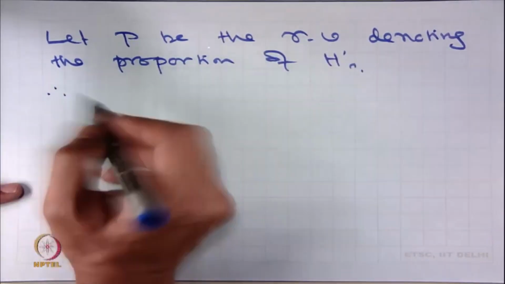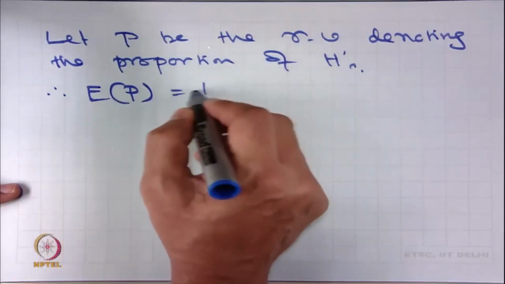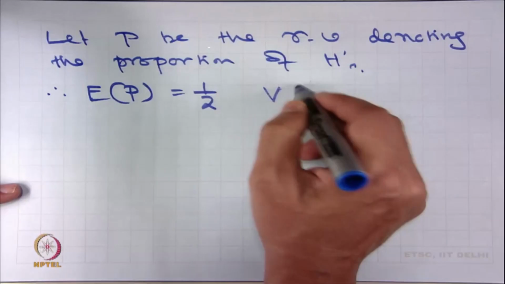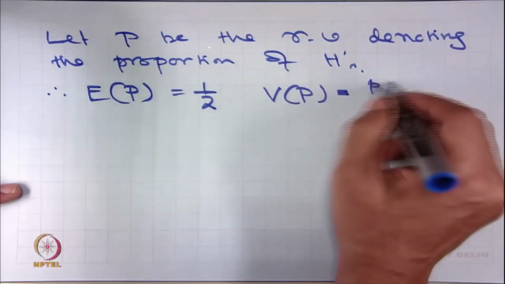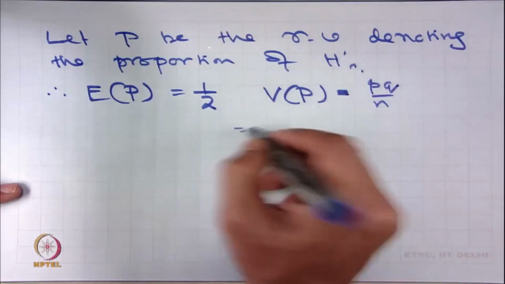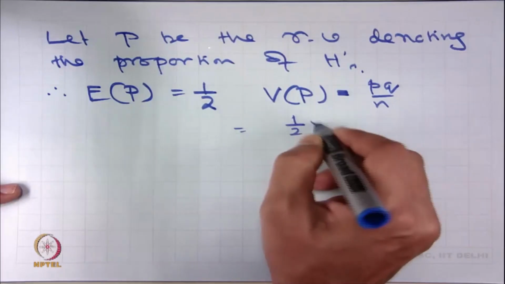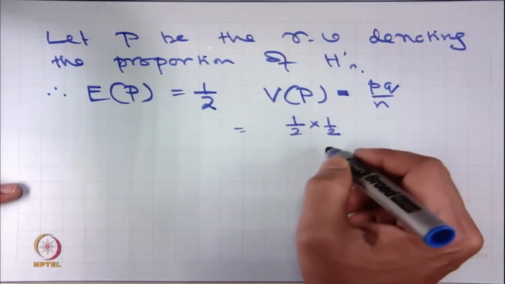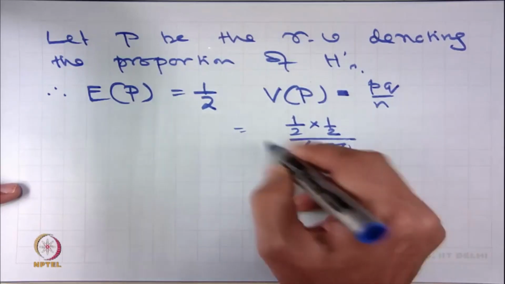Therefore, the expected value of p is equal to half and the variance of p, as we know, is equal to pq by n, which is half into half divided by 4,000.